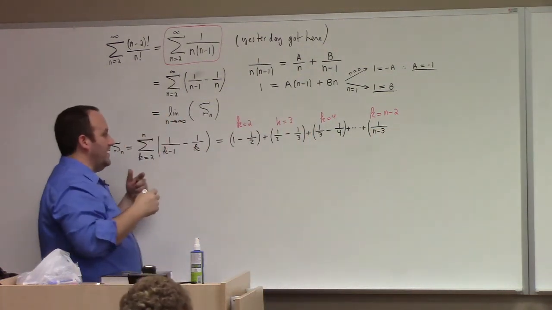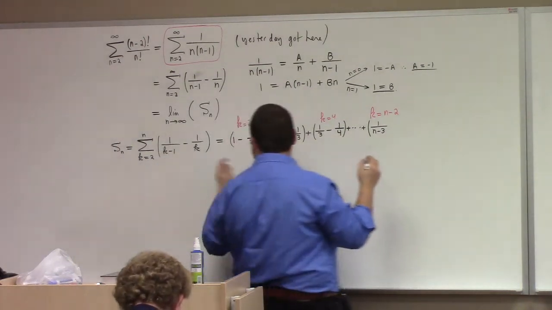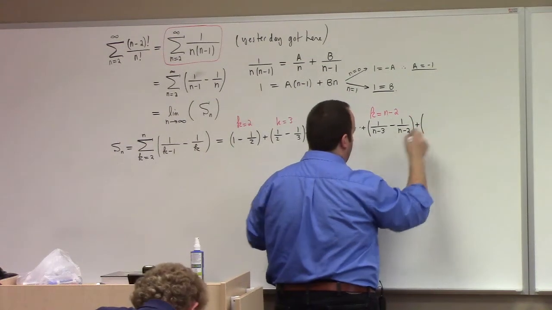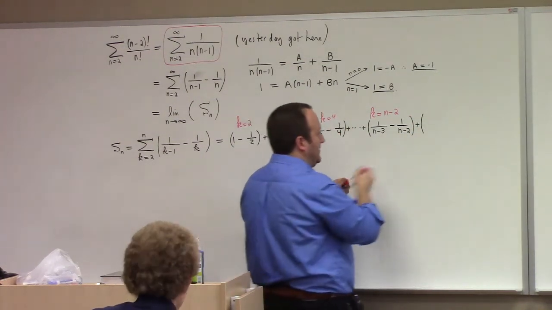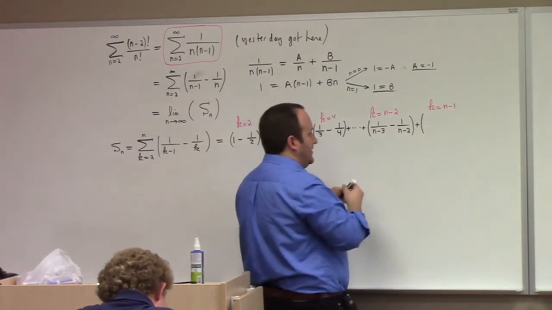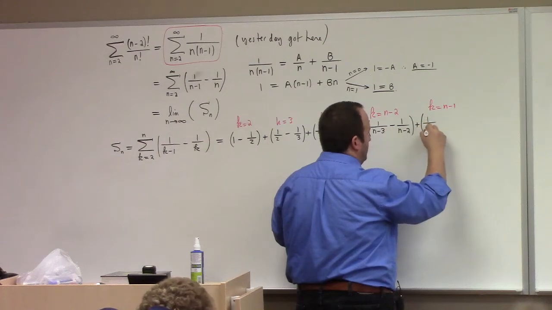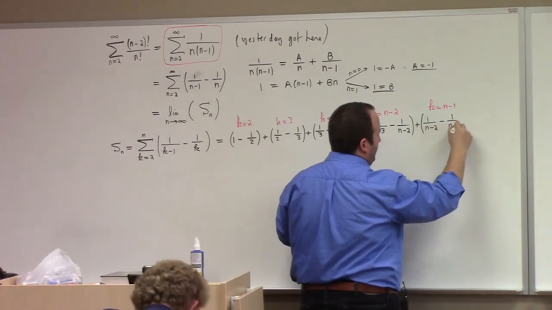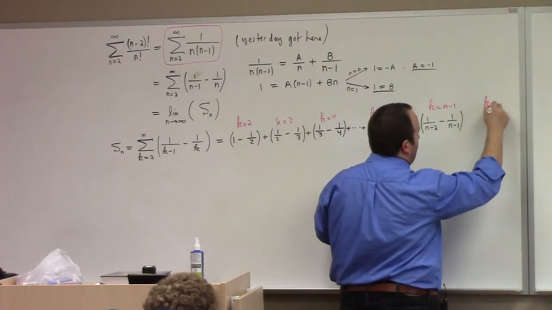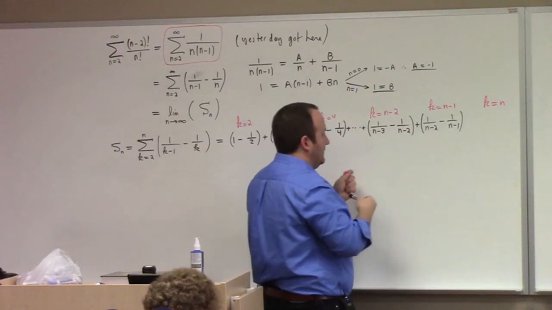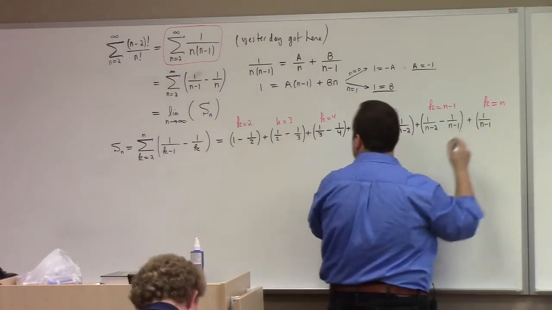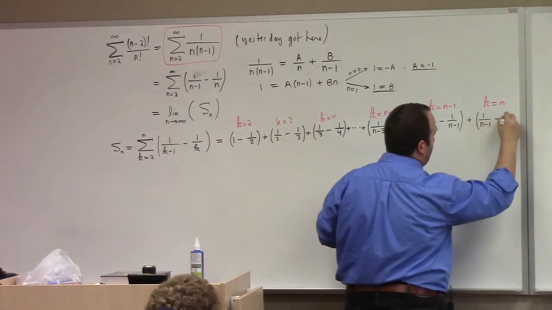So 1 over n minus 3 minus 1 over n minus 2, right? Plus k equals n minus 1, which gives me 1 over n minus 2 minus 1 over n minus 1. And then finally, k equals n. What's that give me? 1 over n minus 1 minus 1 over n.